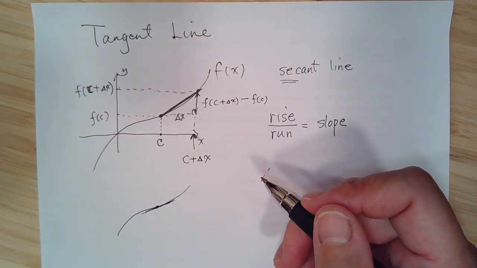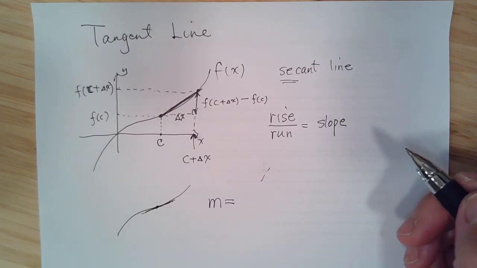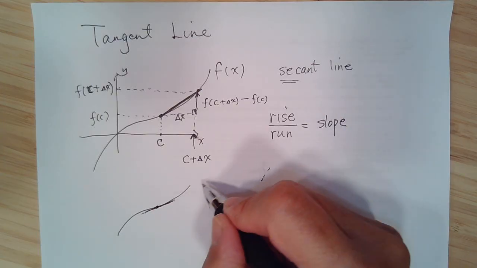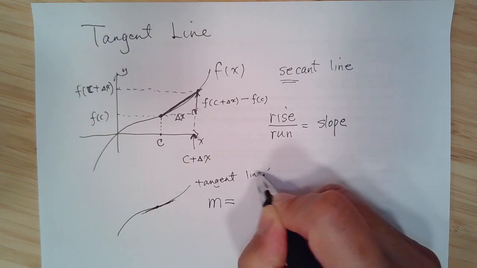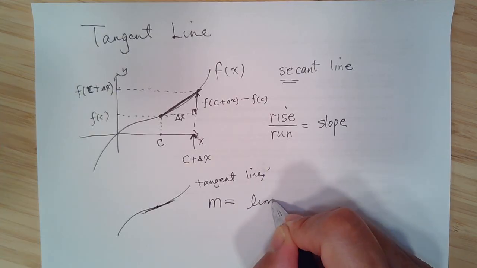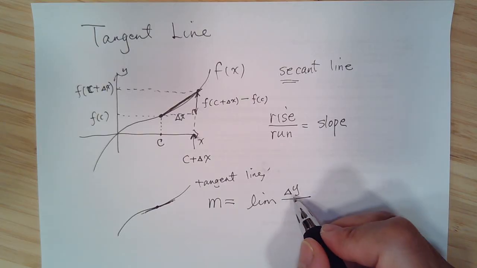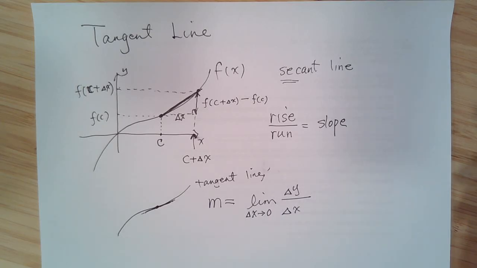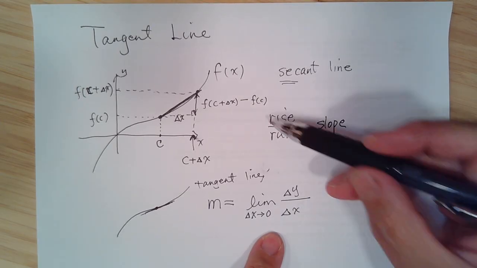So okay, are you ready? The slope of the tangent line is m, and this m is the slope of the tangent line, not the secant line. It should be the limit of delta y over delta x, the rise over run, when this delta x approaches 0.